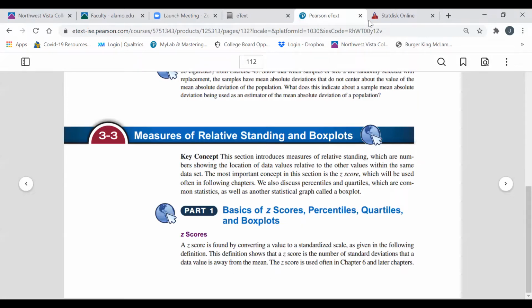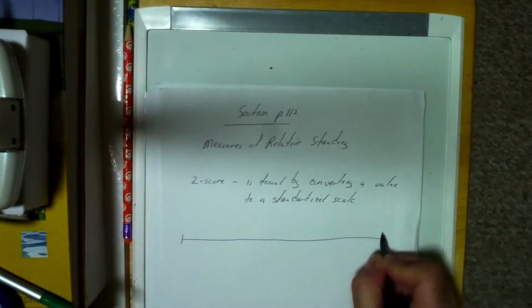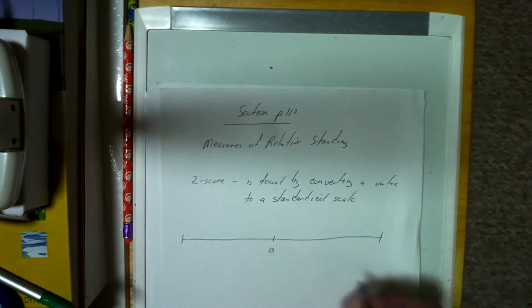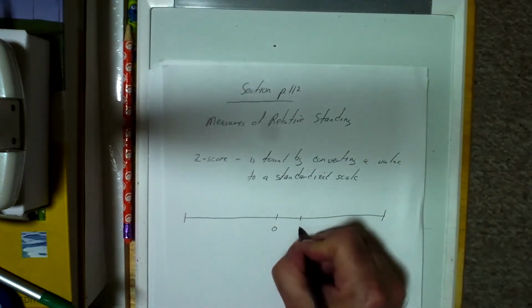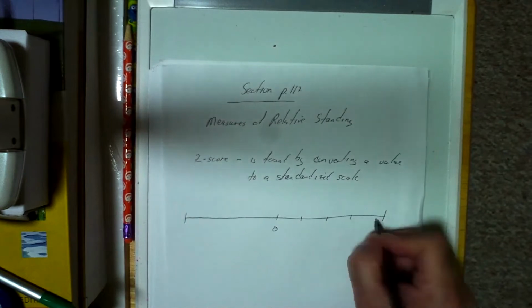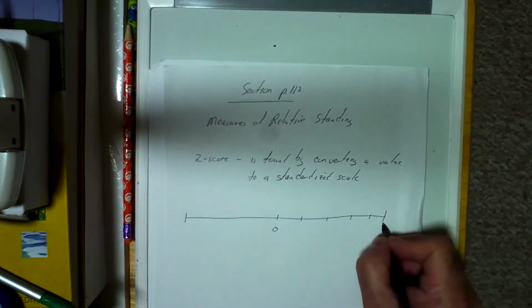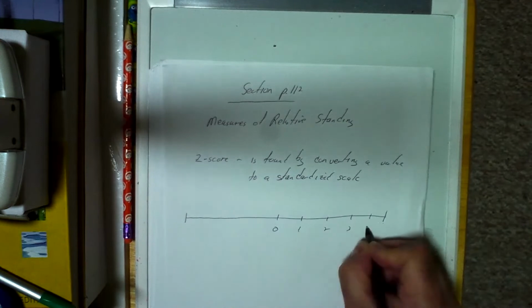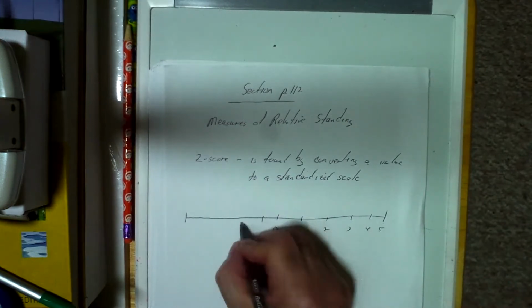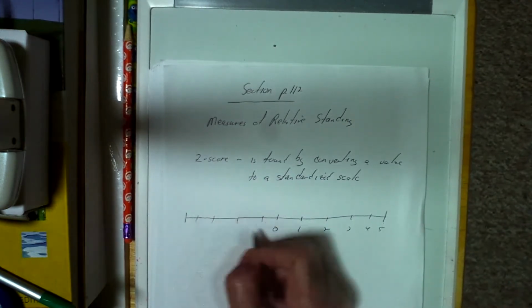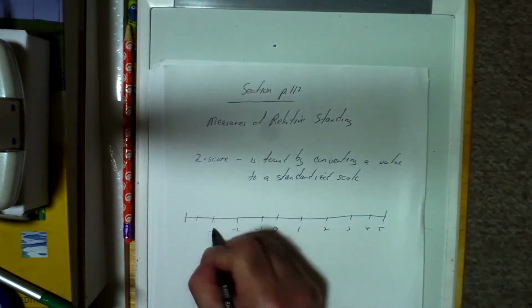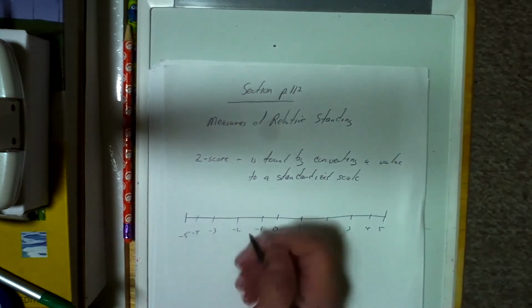The scale looks like a number line. If we draw a number line, in the center you have 0. On the right you have the positives, 1, 2, 3, 4, 5, and so on, and then you have your negatives, 1, 2, 3, 4, 5.